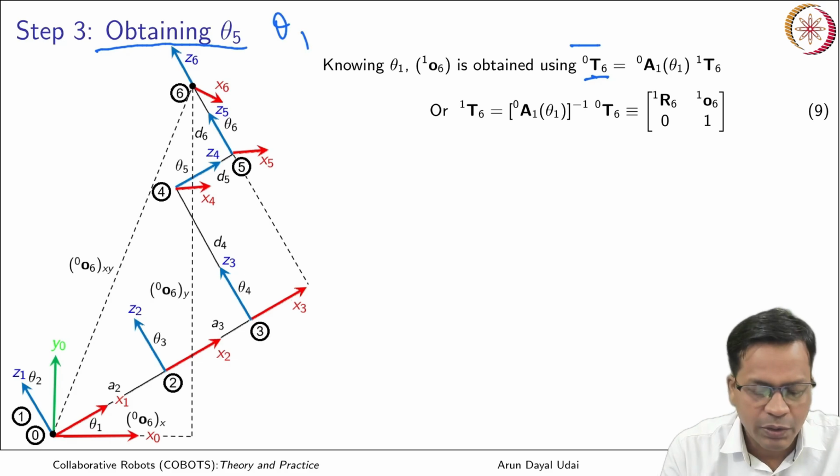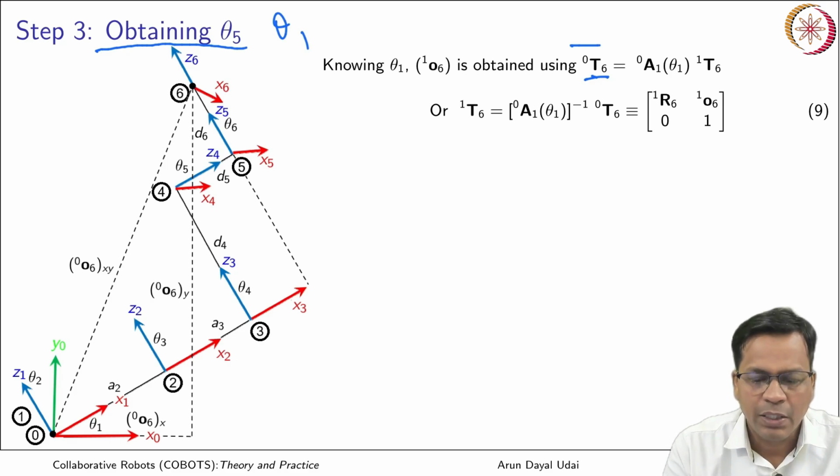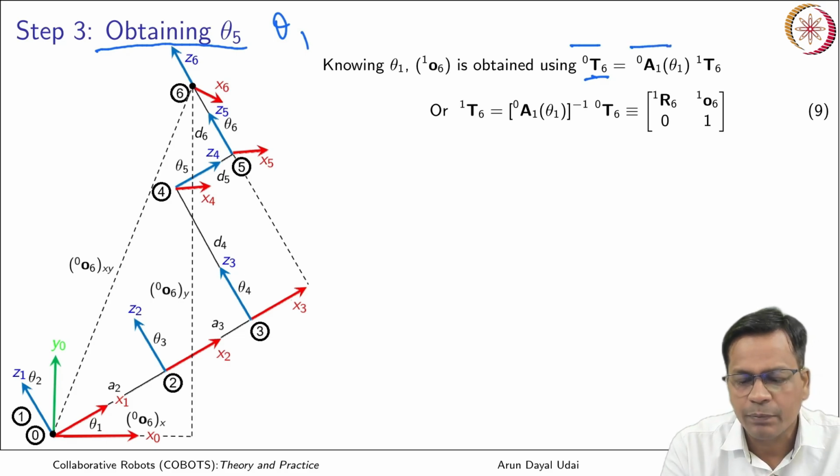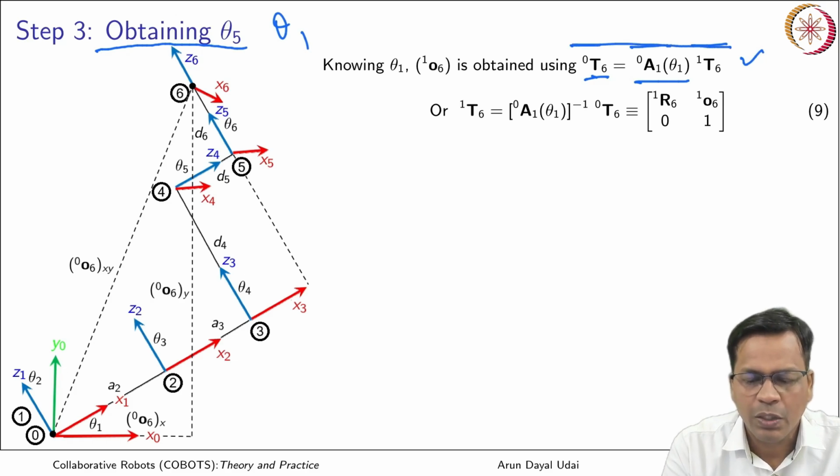I will use 0A1, the transformation matrix from frame 0 to frame 1, times the transformation matrix from 1 to 6. This is the linked transformation matrix. So this equation holds true: 0T6 is equal to 0A1 times 1T6.